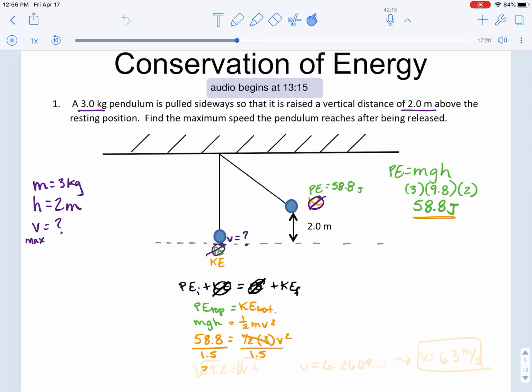So then I get 39.2 is equal to v squared. And I'll square root that. 6.2609, blah, blah, blah. So with 2 sig figs, this would be v equals 6.3 meters per second. Okay, next question.